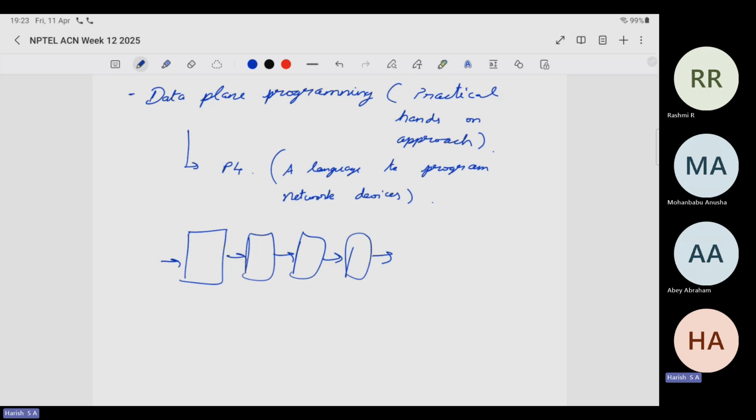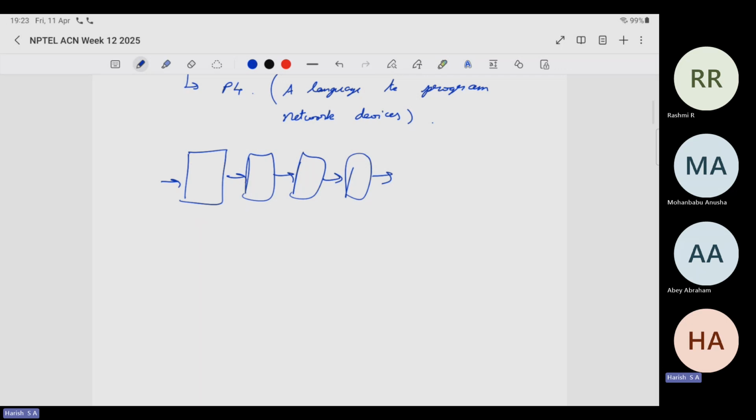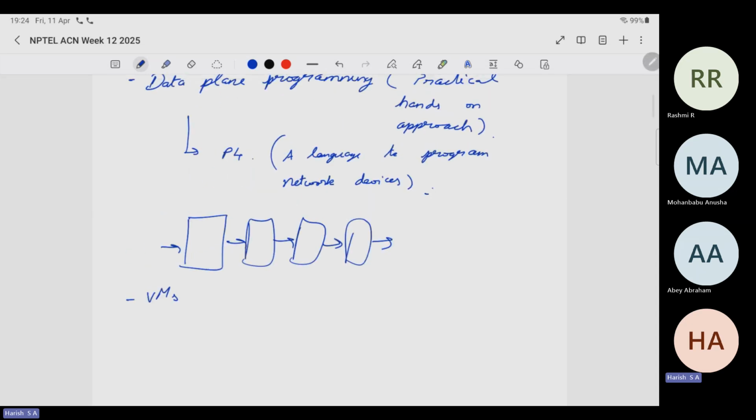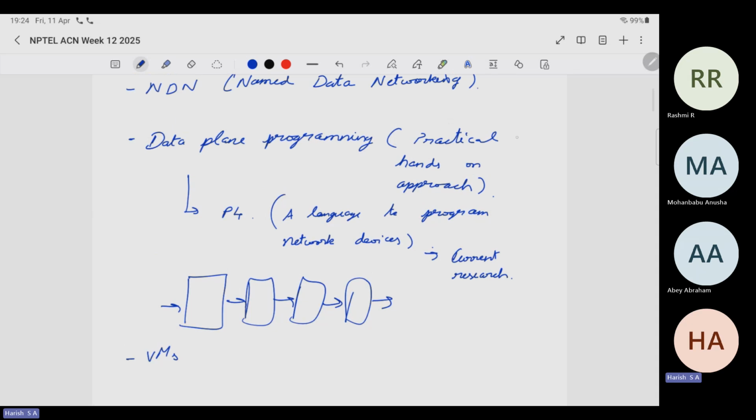We can have a visualization as well as a practical demonstration using VMs, so that you can connect whatever you've learned in this journey to practical applications, to something tangible that you can even work on. Because this is all in the domain of current research. So this shall be done next Tuesday.